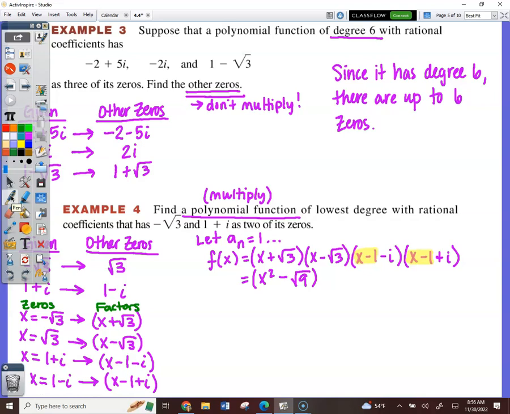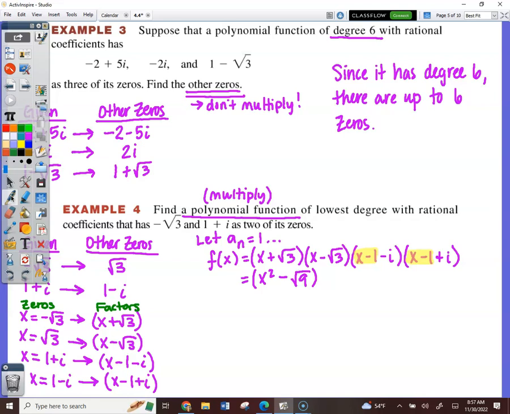So instead of reading it as x minus 1 minus i times x minus 1 plus i, don't read it like that because that's confusing. That's three terms, right? Look at it like this: yellow minus i times yellow plus i. You with me? Do you see it's a difference of squares?